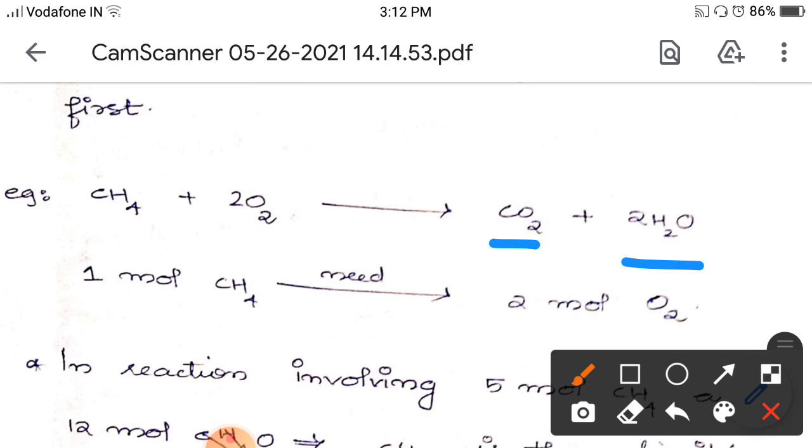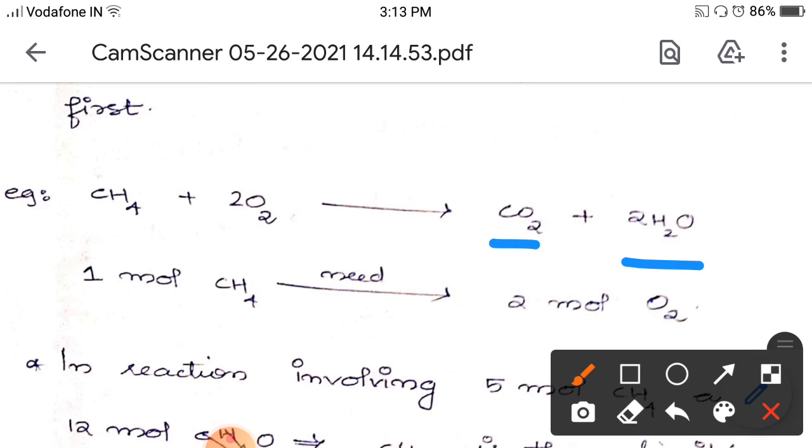This is easier to write in your examination, as time is precious for your examination. Remember one thing, time is very precious.